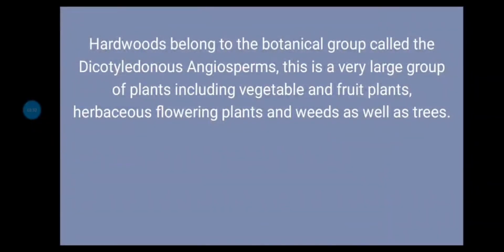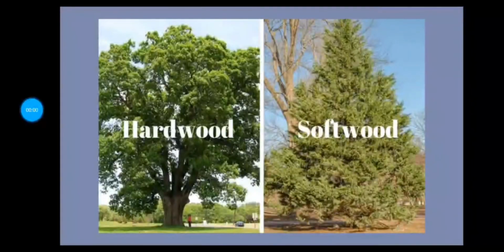This is a very large group of plants, including vegetable and fruit plants, herbaceous flowering plants and weeds, as well as trees. The difference between hardwood and softwood is that hardwood is dark in color, while softwood is light, and hardwood is heavy, while softwood is lighter in weight.